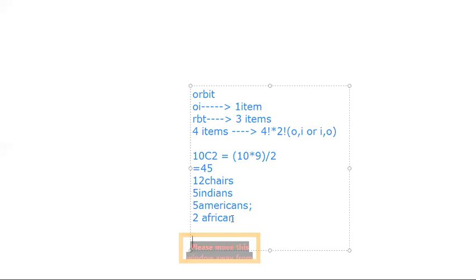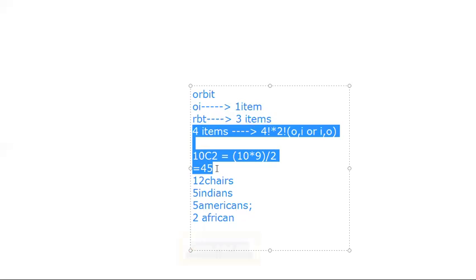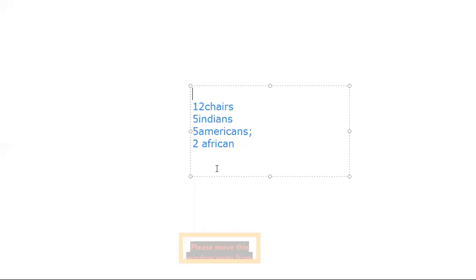So 5P2 into 5P2 into 2P2. Come on, man. Why are you getting confused? People of the same country should be together, no, sir?